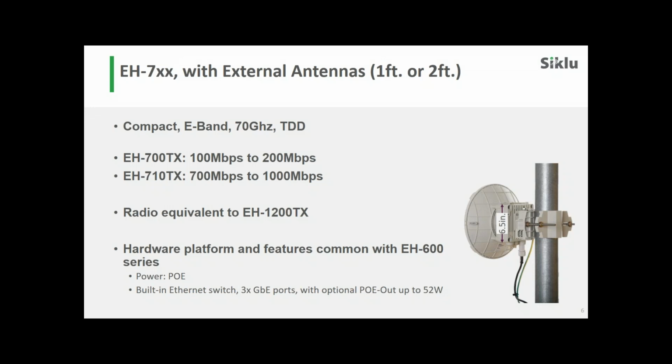Again, these capacities are all aggregate, so you can run 50-50 up and down, or you can split the ratio 75-25, depending on which way you would like.